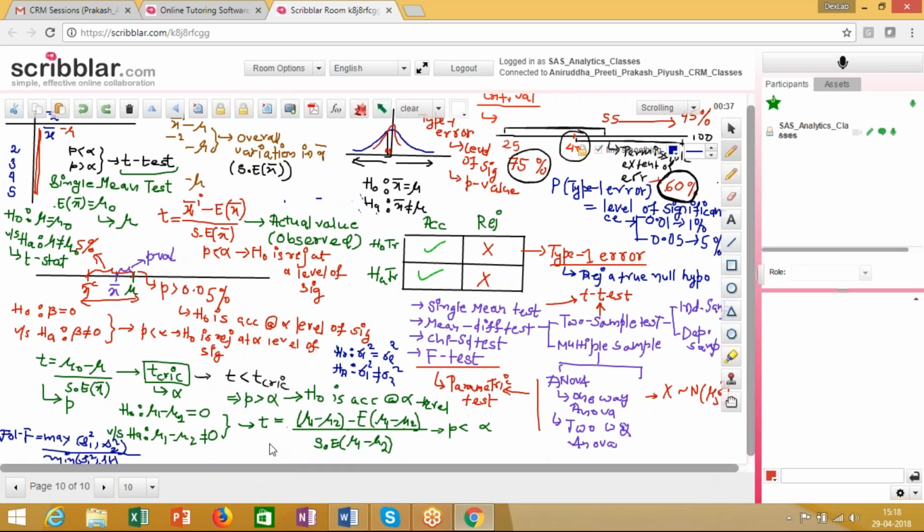Therefore, this t-test is, as Anirudh sometimes referred to it, a parametric test. It's a parametric test because it begins with the assumption that the variable must be normally distributed. Right. So this is the overall idea.